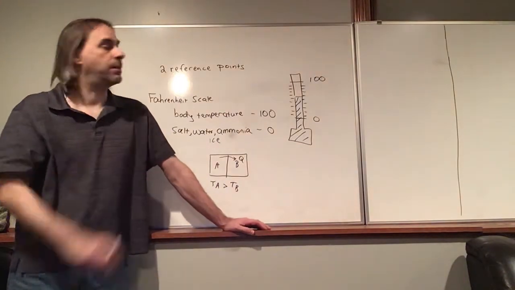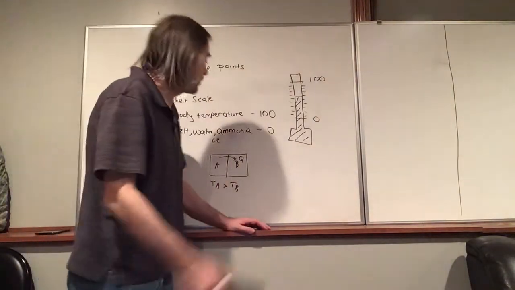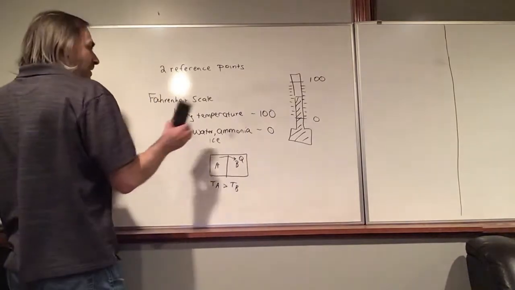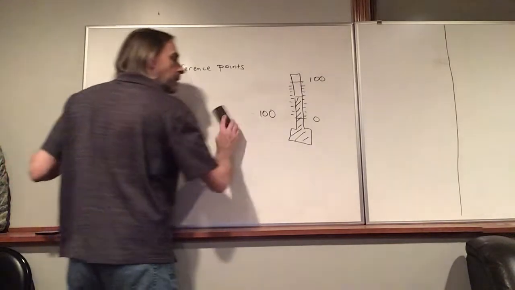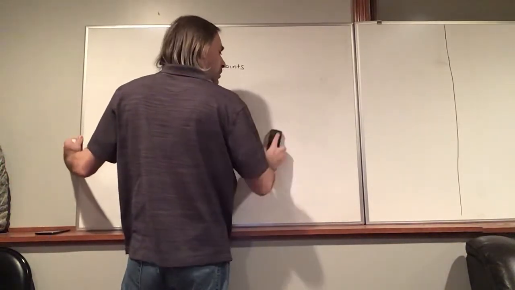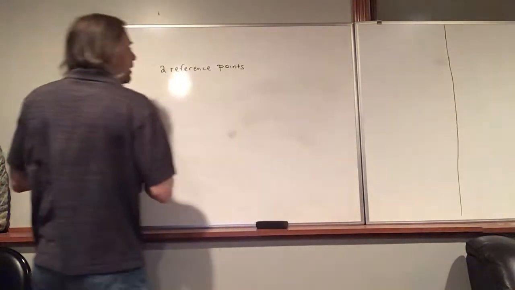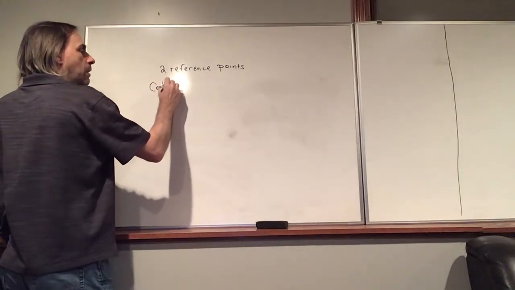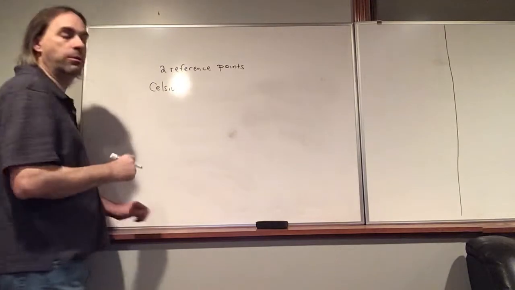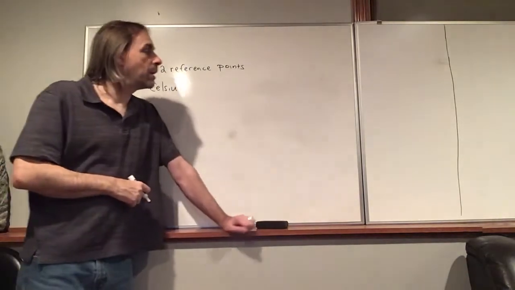Unfortunately, it's not the SI scale. So the SI scale, we use Celsius degrees, which, again, you're probably familiar with because pretty much the rest of the world measures things in Celsius.